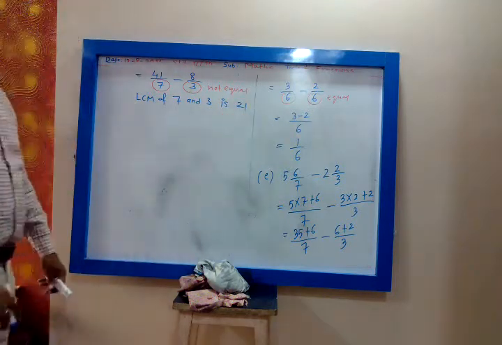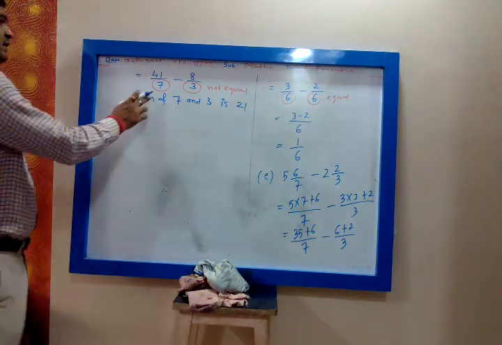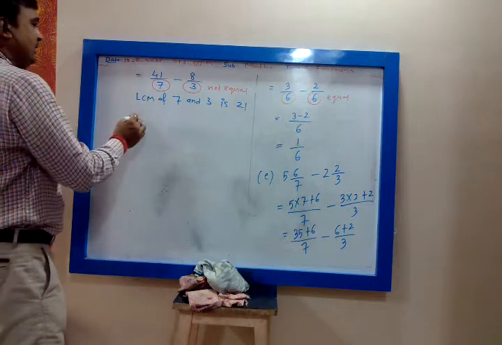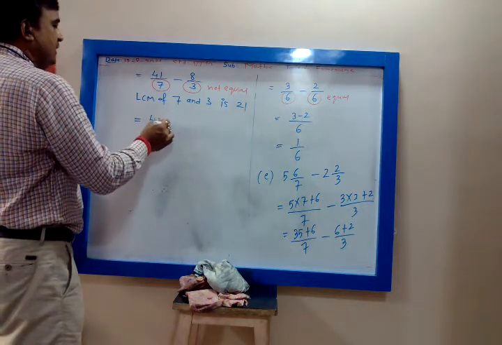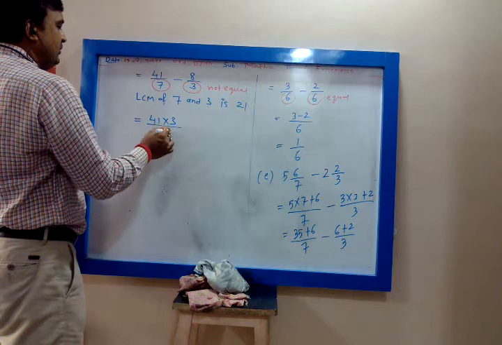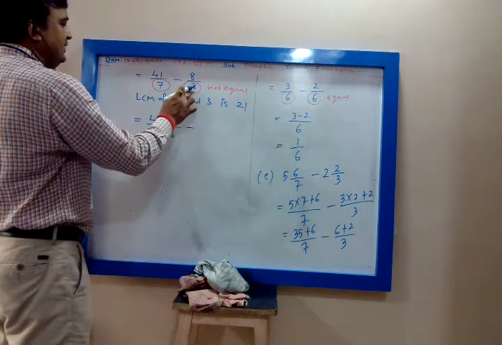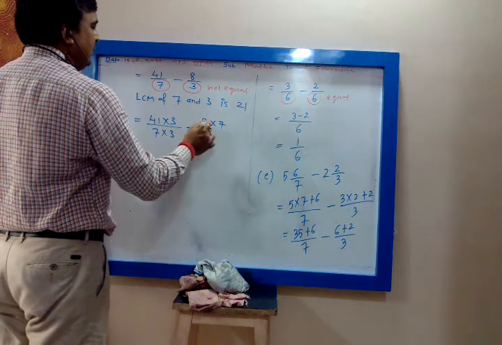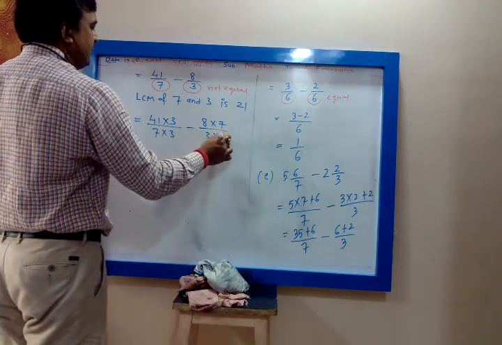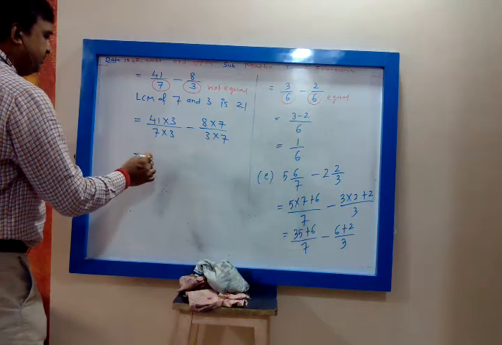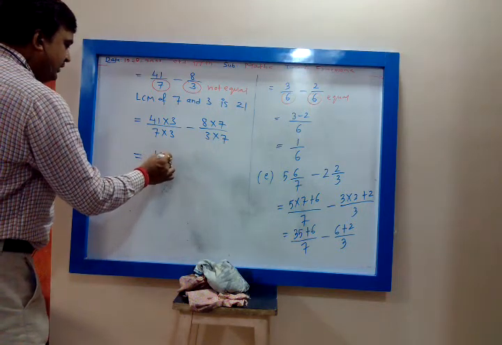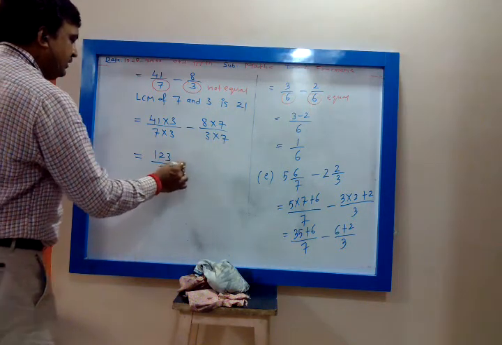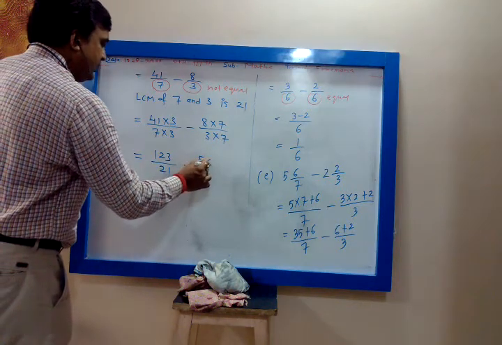So now make the denominators 21. This is 7, we have to multiply by 3. So 41 into 3 upon 7 into 3 minus, this is 3, we want 21, multiply by 7, 8 into 7 upon 3 into 7. So 41 into 3 is 123 upon 21 minus 56 upon 21.